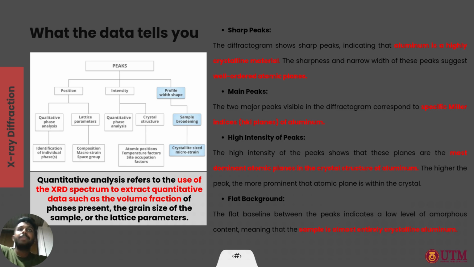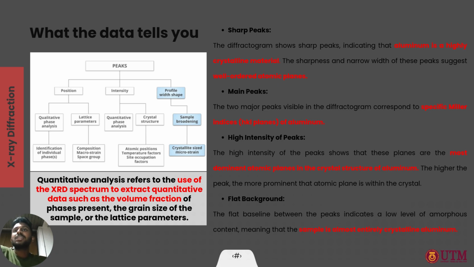Next, the main peaks. The two major peaks visible in the graph show the specific Miller indices of the aluminium. The highest intensity peaks show that those planes are the most dominant atomic planes in the crystalline structure of the aluminium. The higher the peak, the more prominent that atomic plane is within the crystal, and the flat background shows that the sample has a low level of amorphous content, meaning the sample is almost entirely crystalline aluminium.